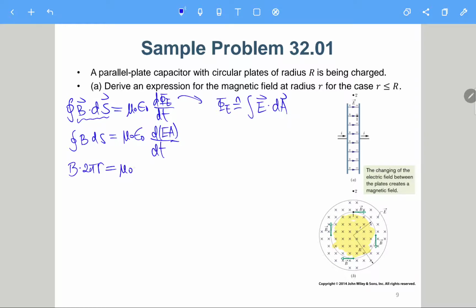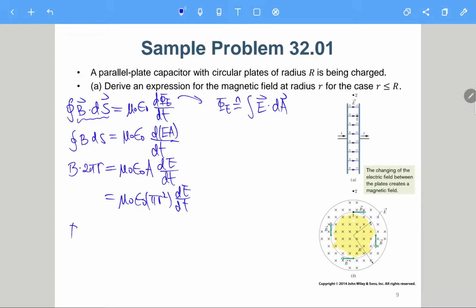And then we will have mu naught epsilon naught, and A should be a constant because it doesn't move physically, so A can be factored out. So we have dE dt because E should be changing with respect to time. So this is nothing but mu naught epsilon naught pi r squared, the area of a circle, dE dt.